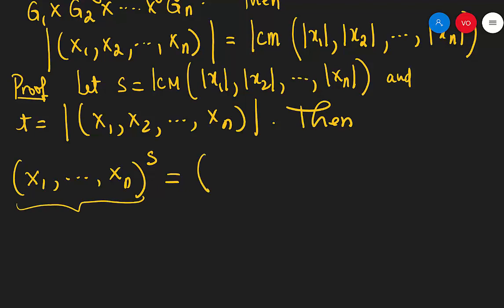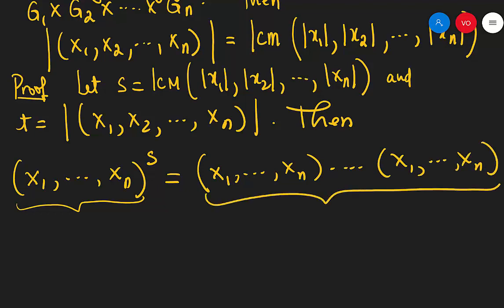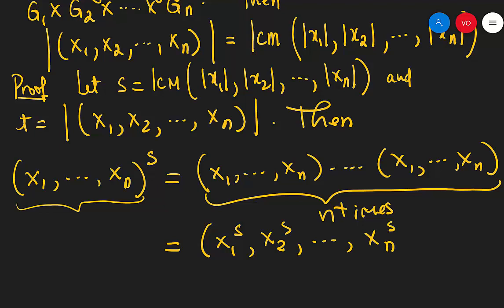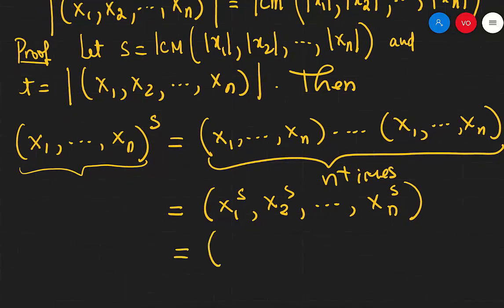If we apply the group operation, it'll be x1 all the way till xn, x1 all the way till xn, n times, and this will give us x1^S, x2^S, and so on all the way till xn^S, which will be e_G1, right?